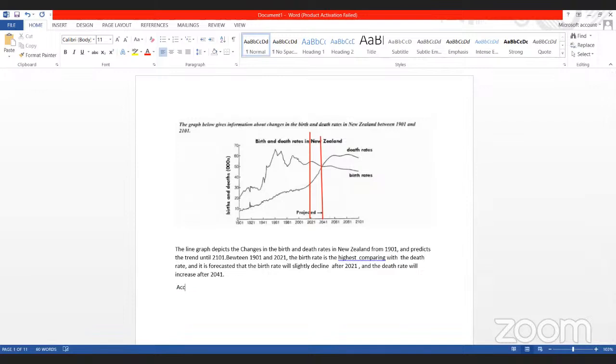According to the line graph, the birth rate hit the peak in which year? Now we need to see. This is the peak.